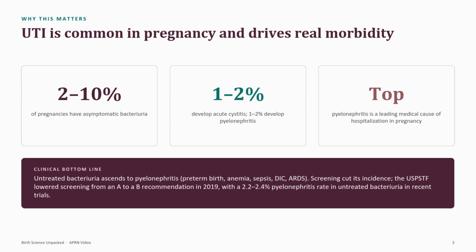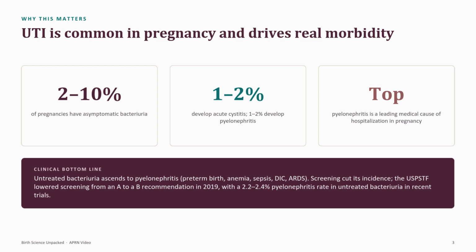UTIs are pretty common in pregnancy, but they also drive real morbidity. Let's look at the numbers. Asymptomatic bacteriuria shows up in 2 to 10% of pregnancies. Cystitis and pyelonephritis each run about 1 to 2%.